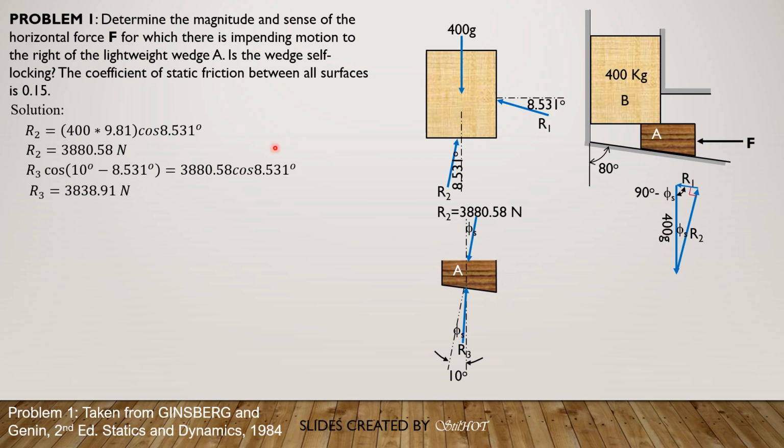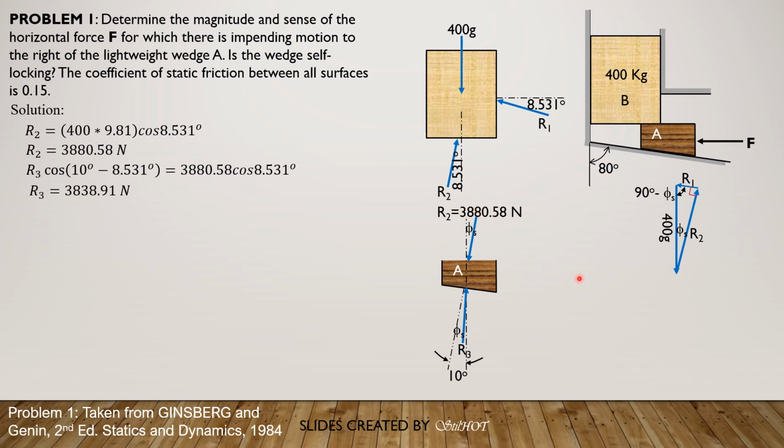So to answer the question, is the wedge self-locking? The answer is yes, because even without that force, this wedge remains at rest. Now, because the condition is impending motion to the right, F should be opposite in sense. We need to drag it to the right in order to surpass the x component of R2.